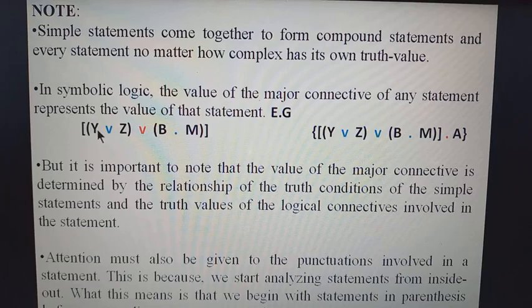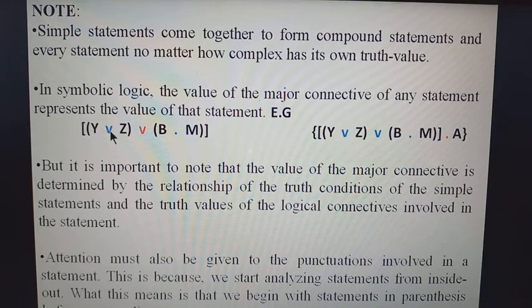So, Y wedge Z coming together with the aid of a disjunction. Y will have its own value. Z will have its own value, whether true or false. Then, with your knowledge of logical connectives, you should be able to combine Y and Z to know the value of this wedge.